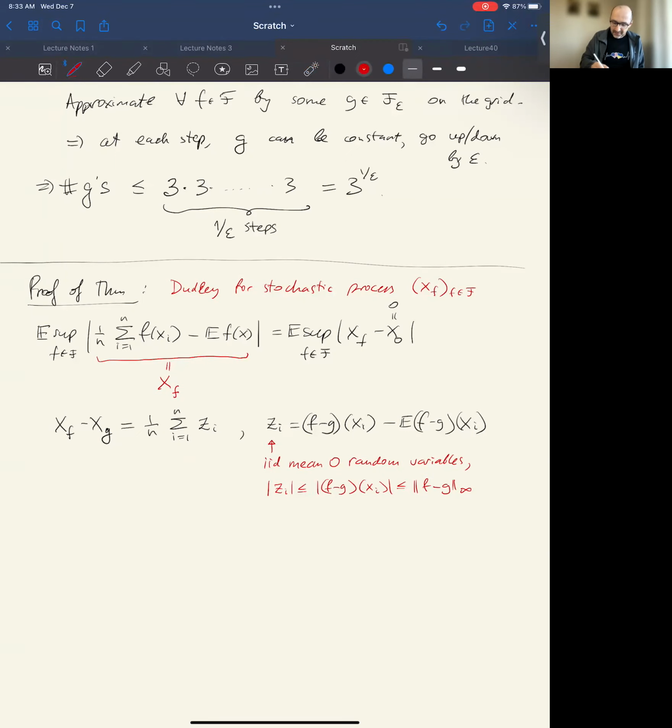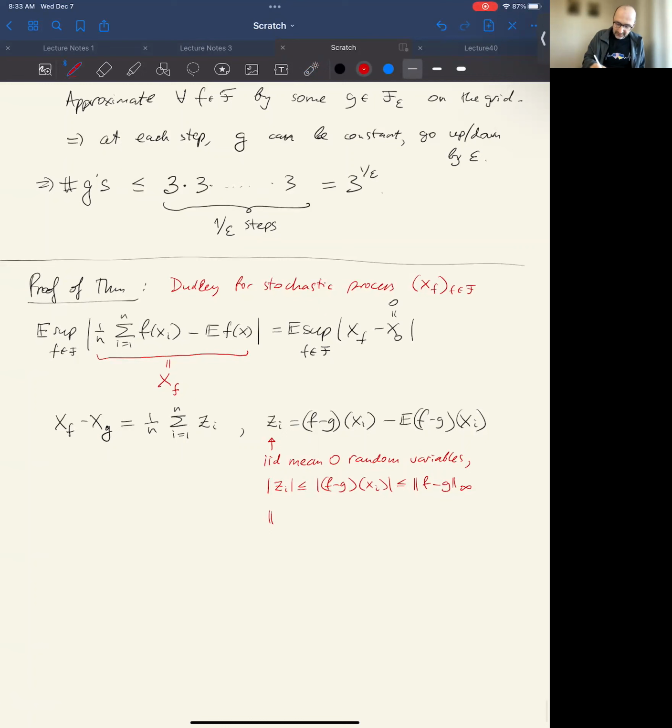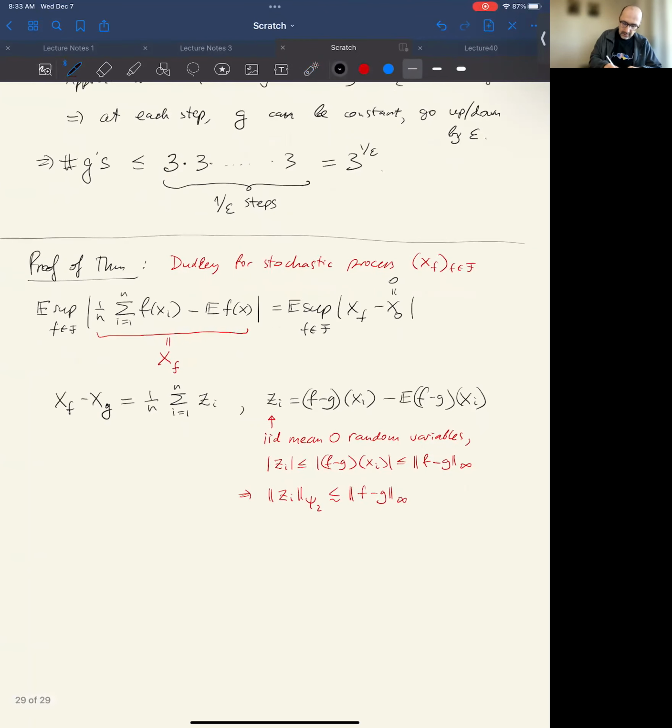Okay. Since they're bounded, they are sub-Gaussian. Any bounded random variable is sub-Gaussian. So it's less than, I'll just hide the constant here. And so Hoeffding's inequality tells us that the sum is also sub-Gaussian. The sum of sub-Gaussian random variables is sub-Gaussian.